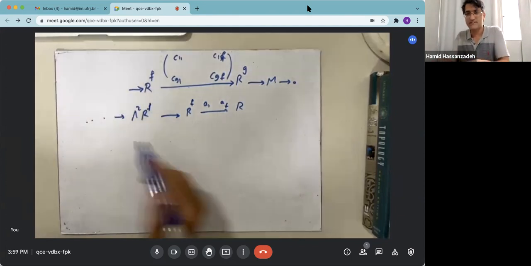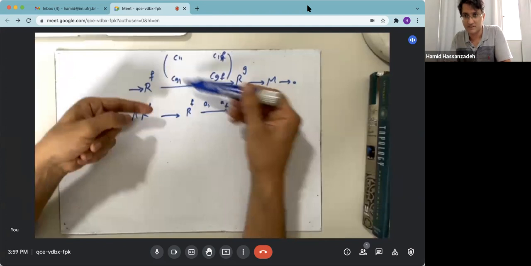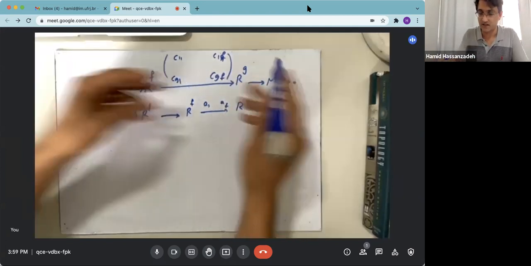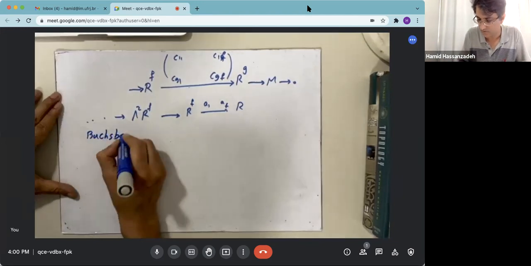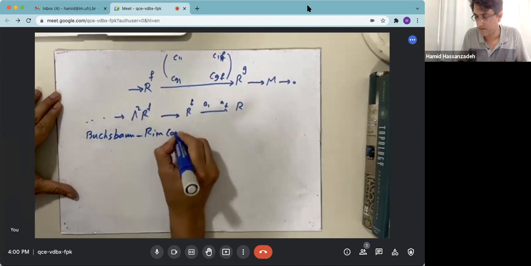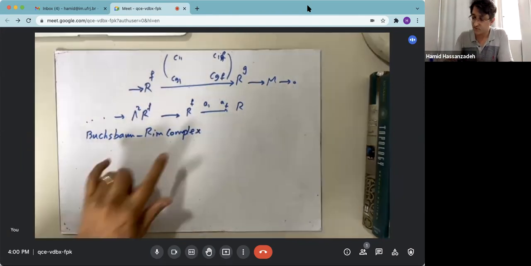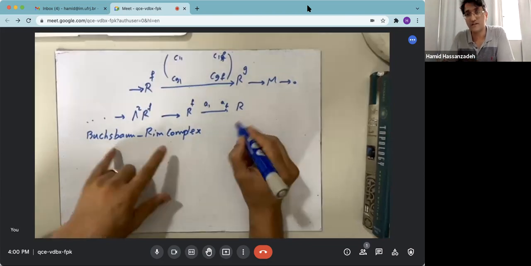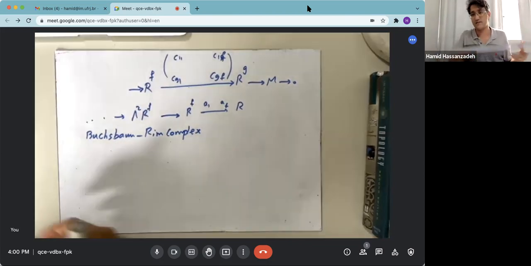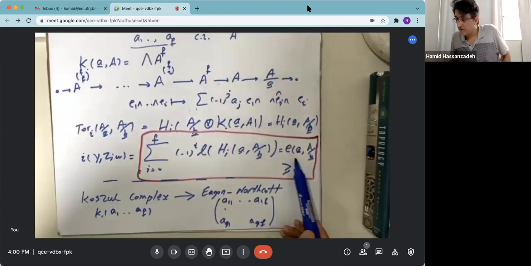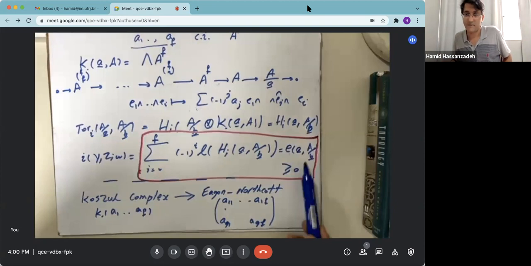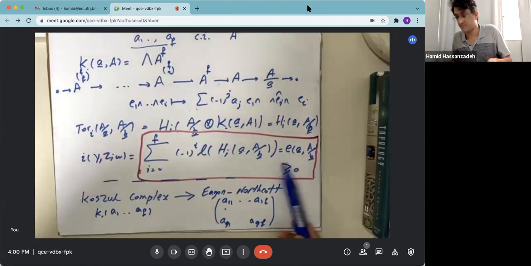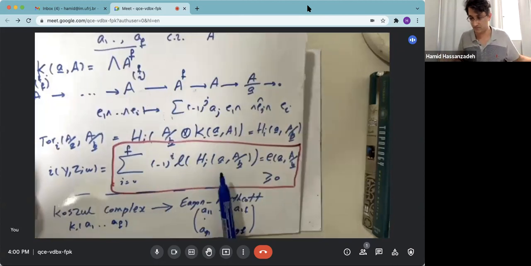So they wanted to repeat the same idea for any module and for any matrix. This was the way they constructed a complex which is called the Buchsbaum-Rim complex nowadays. And they indeed showed that for this Buchsbaum-Rim complex, if the module has finite length, then you get the formula of Serre. So if you replace the Hilbert-Samuel multiplicity with the Buchsbaum-Rim multiplicity, and you replace the Koszul complex with the Buchsbaum-Rim complex, then you have a similar formula, but it was not the Koszul complex, it was the Buchsbaum-Rim complex, right?